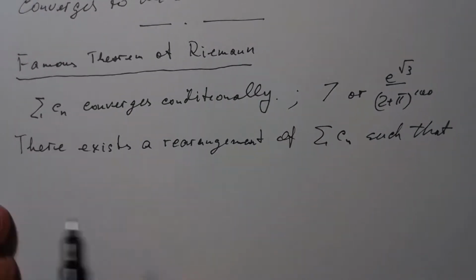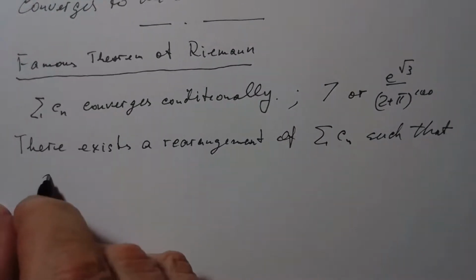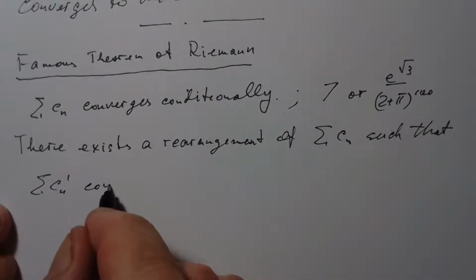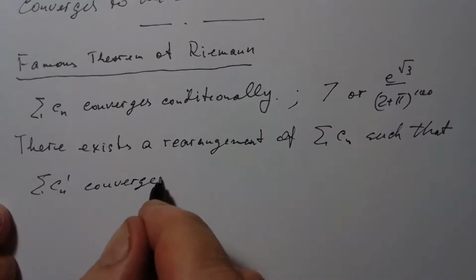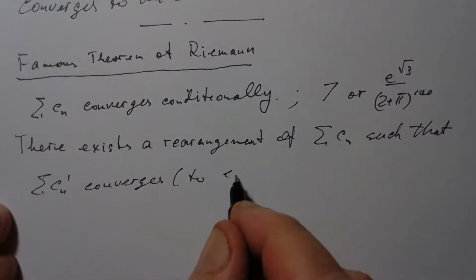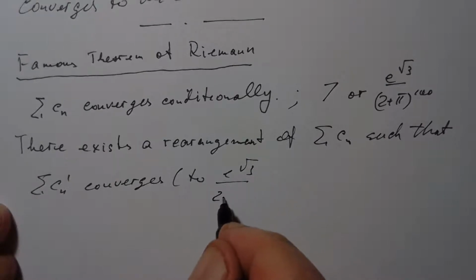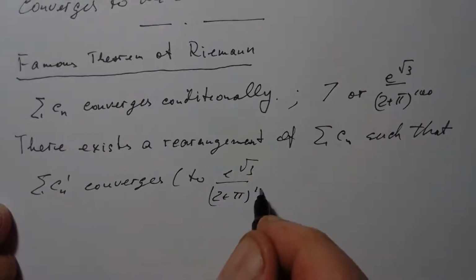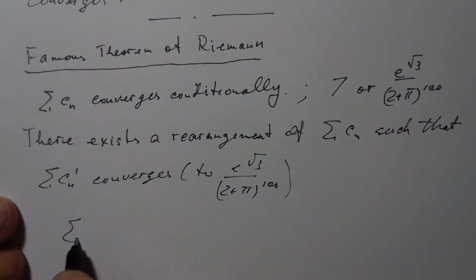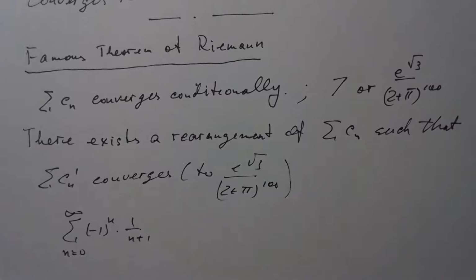Such that this new rearrangement, sum of C_n prime, converges, and in fact converges precisely to that number, e to the square root of 3 divided by 2 plus pi over 100. In other words, if I have the series of the form sum of minus 1 to the power n times 1 over n plus 1, remember we dealt with this series before, this is a series that converges conditionally.